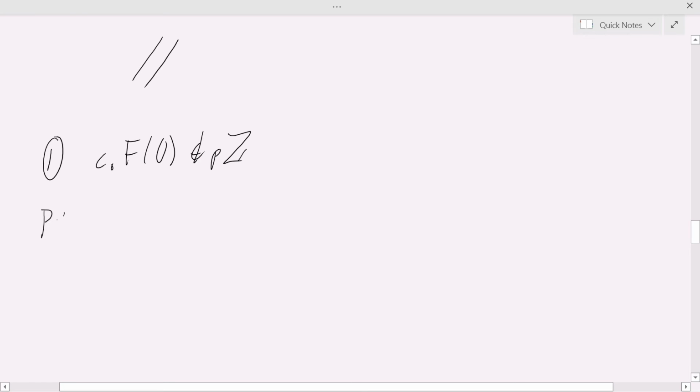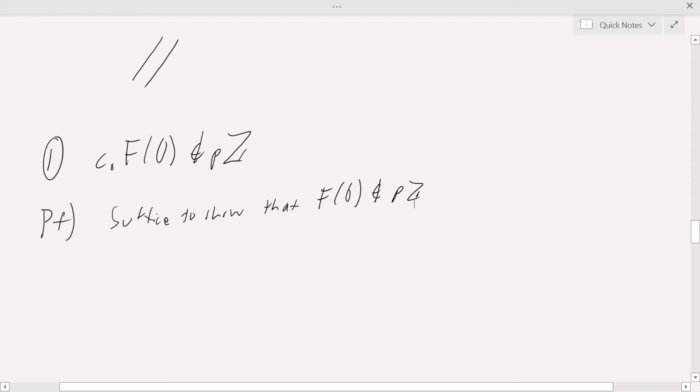Okay, so the way that we're going to prove this is it's actually going to suffice to show that F of 0 alone is not in the integer multiples of p. And the reason that's true is, as of right now p is still arbitrary, and since c0 is a constant, we'll choose p to be strictly larger than c0.